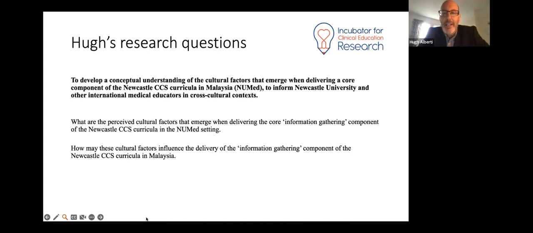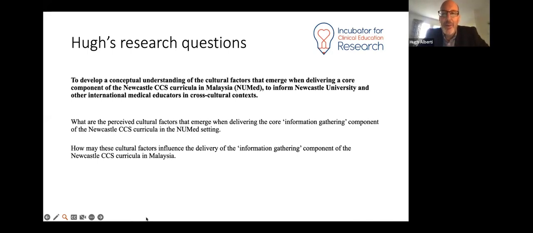So then I had to narrow it down to just one aspect of the communication skills curriculum, which was the information gathering component or module. From my big, lofty, huge questions, it went down to one very small focused area, which I then tried to look at through various means: some interviews, some focus groups, and some observation.